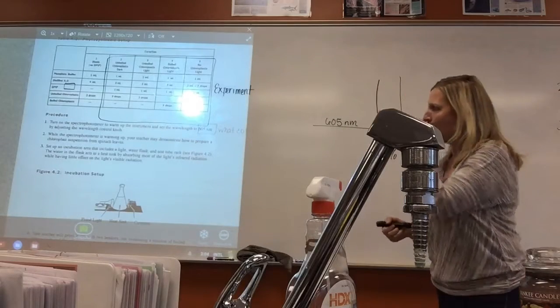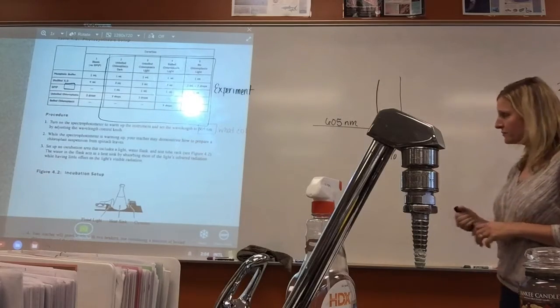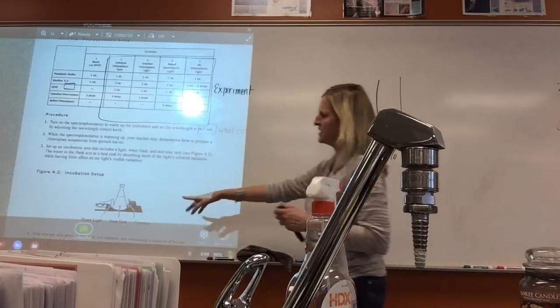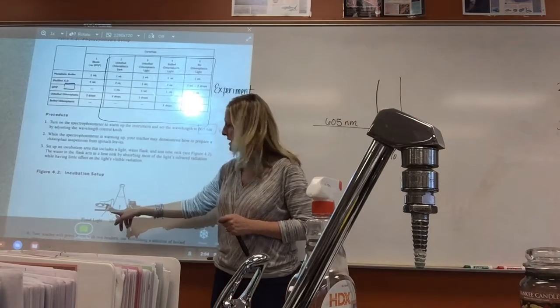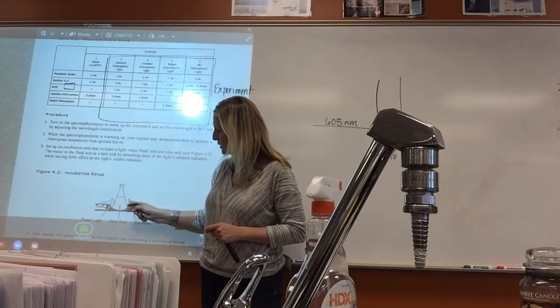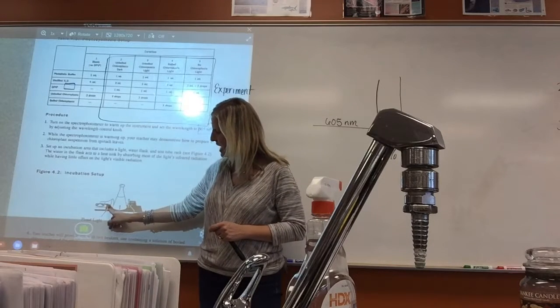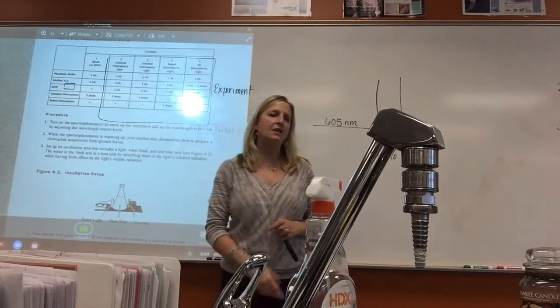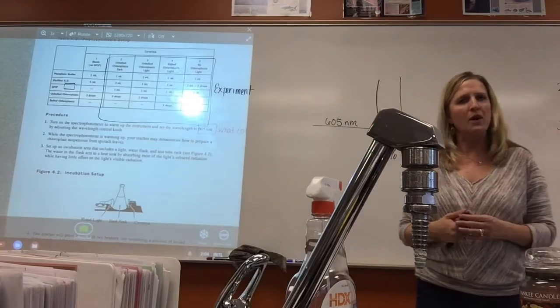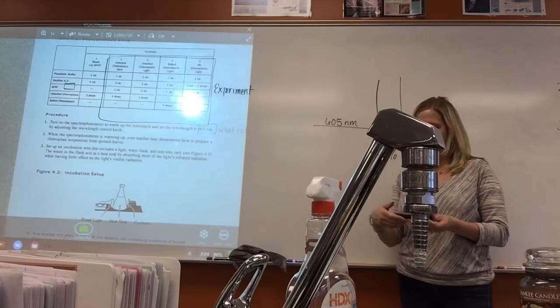All right, so what you can see here with this little setup is that the cuvettes will sit right here. Here's a lamp, and notice that they have this flask of water here. What is the purpose of that flask of water? Did you guys catch that?